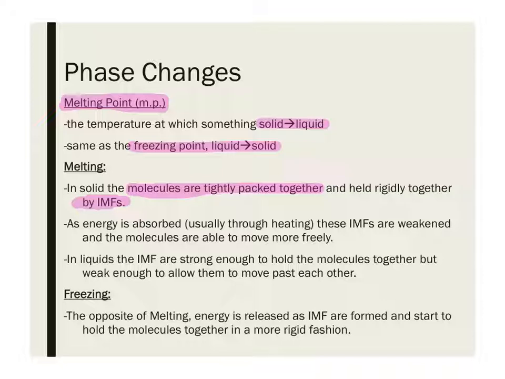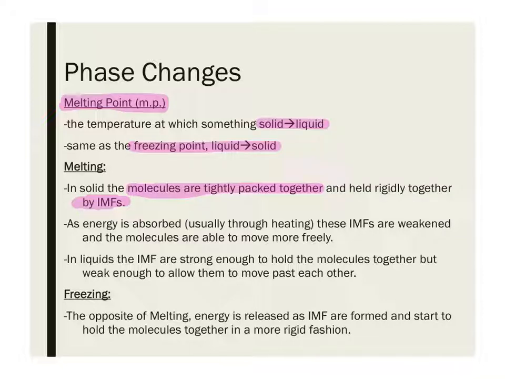Those London dispersion forces, dipole-dipole forces, and hydrogen bonds that we talked about last time are all involved in solids. As energy gets absorbed, and usually we do this through heating, the substance starts to heat up. We don't have to actively heat it on a stove or anything. If you take an ice cube and set it on the counter, it's going to melt. Well, it's going to heat up just from the ambient temperature of the air.